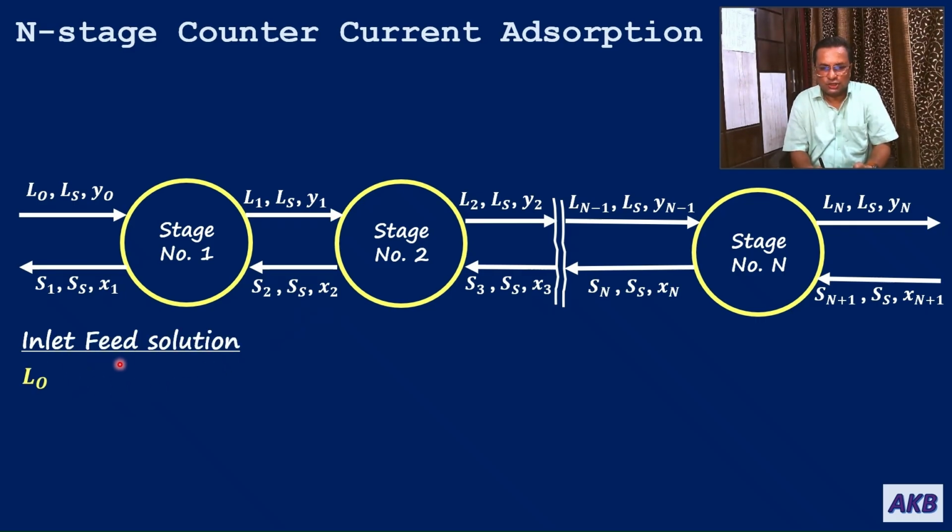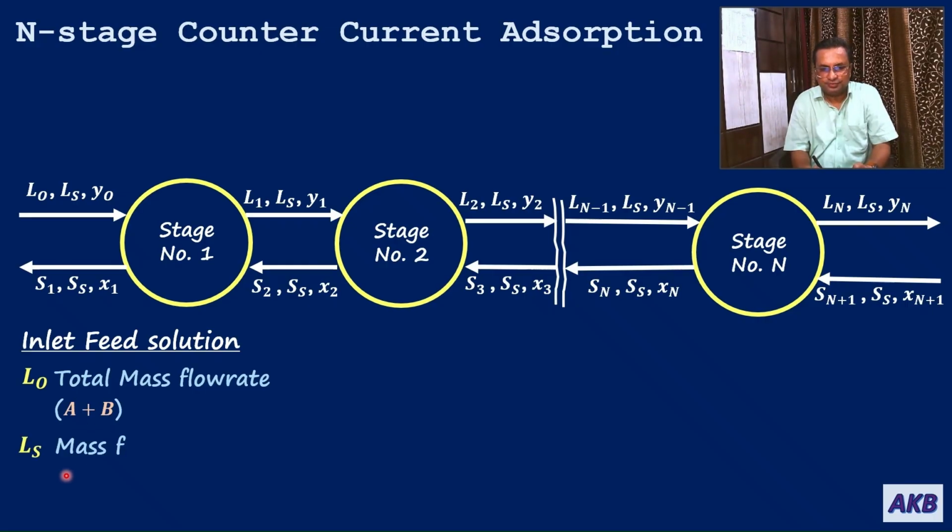So let us talk about the inlet feed solution. Inlet feed solution L0 is nothing but the total mass flow rate of the feed solution, that is mass per unit time of A plus B, total mass.